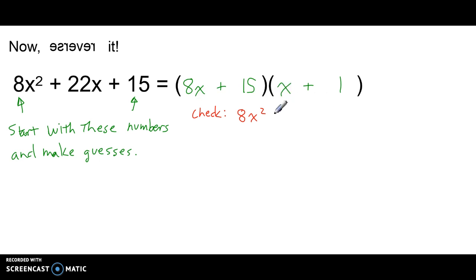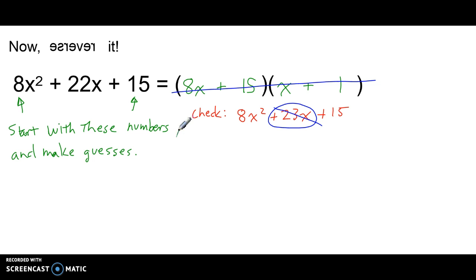If you take 8 and 15, you make 23x in the middle, and 15 times 1 is 15. You'll notice the 8x squared was going to work. The 15 was going to work. The only part that had a potential to fail was the number in the middle. So one way you can be a little faster here is just check the number in the middle. Don't worry about checking the 8x squared in the beginning and the 15 at the end. Those should always work.